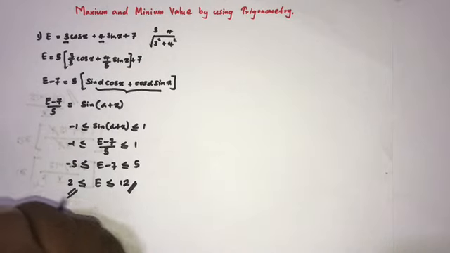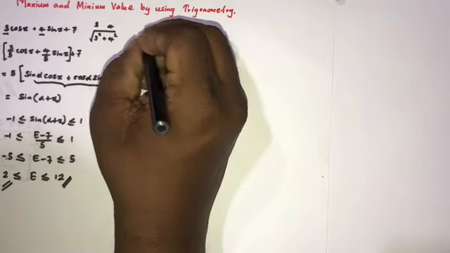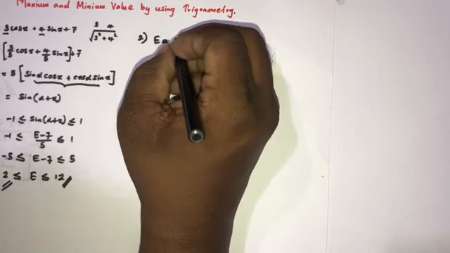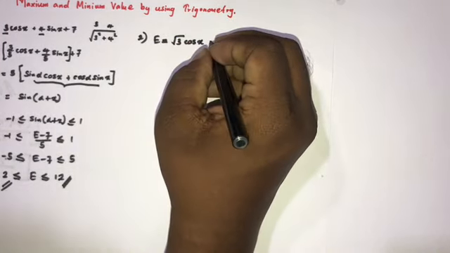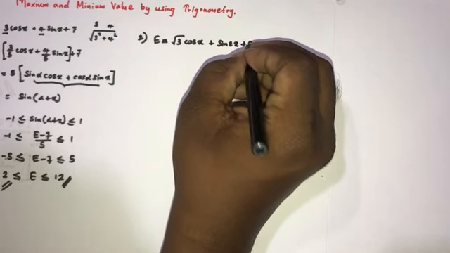Okay, then our next question is E is equal to the square root of 3 times cosine of x plus sine of x plus 5.